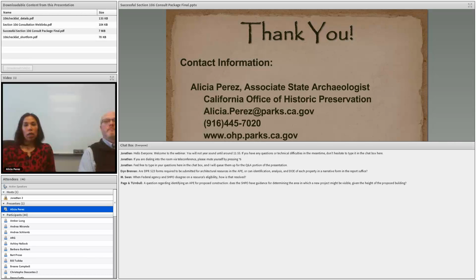Versus if within that same APE or urban environment, the vertical APE goes beyond the 2 feet to 9 feet, then you're probably going to want to have further identification efforts to ensure that there are no historic properties below that 2-foot previous ground disturbance. Does that make sense?